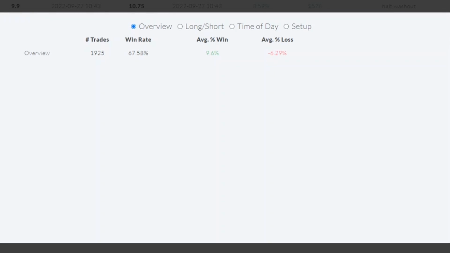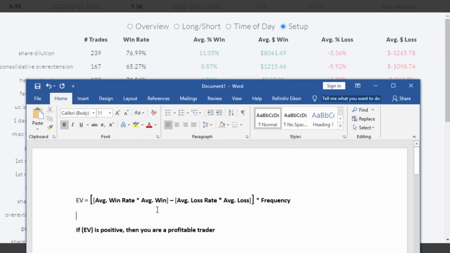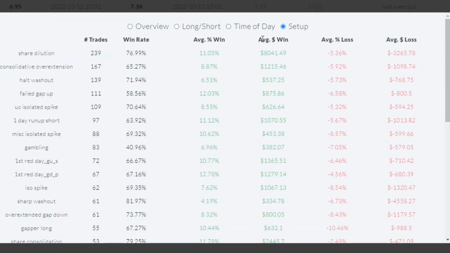That allows you to break your strategies down by specific setup. Each different strategy has its own statistics that you plug into this equation to calculate whether that specific strategy is profitable or bleeding you money.